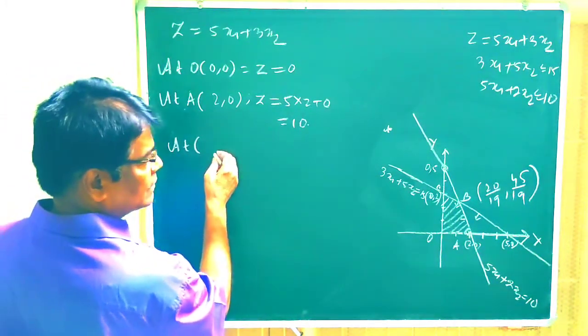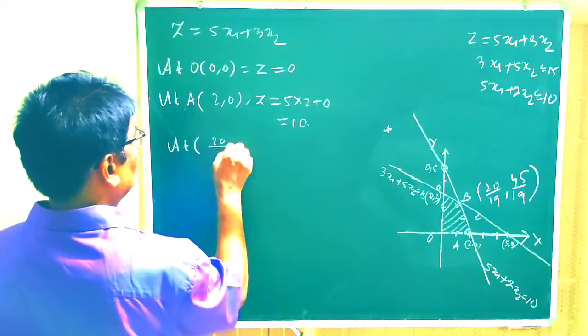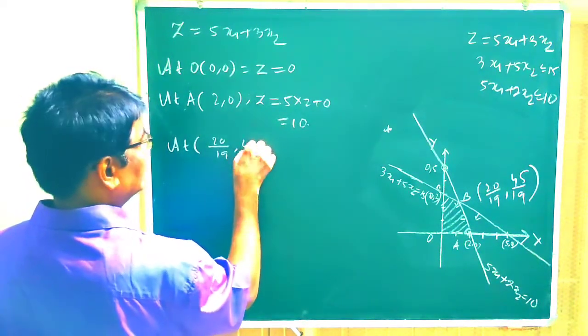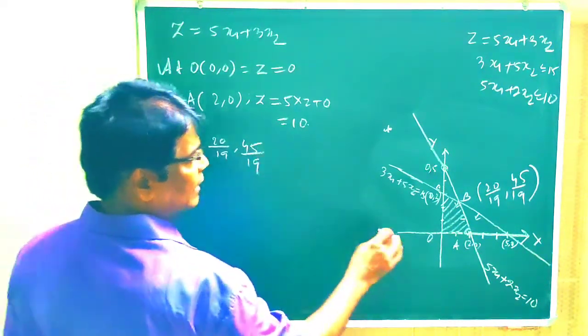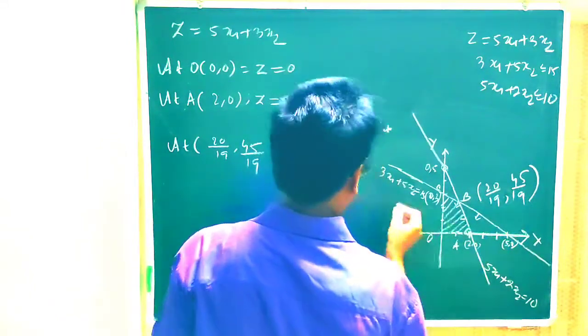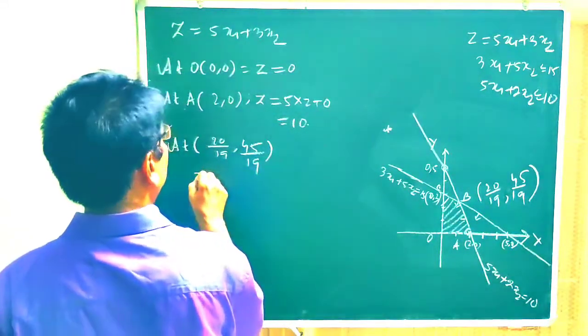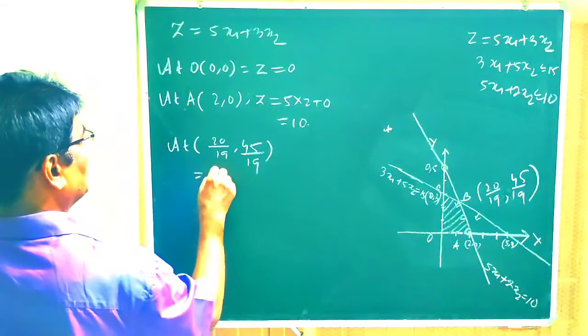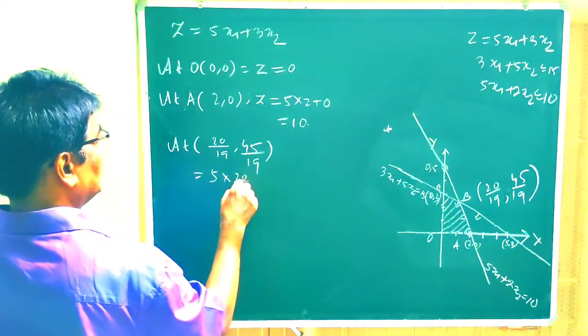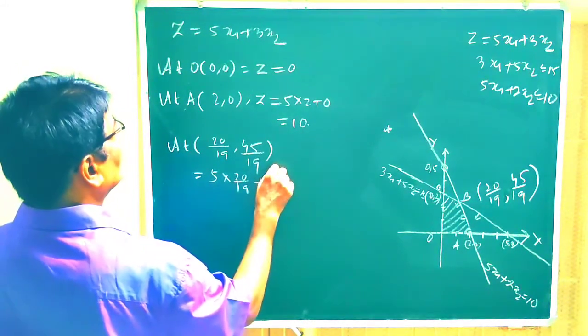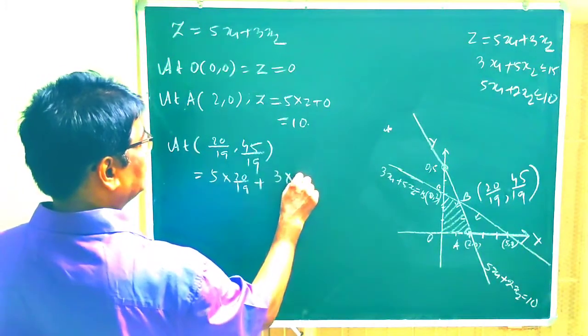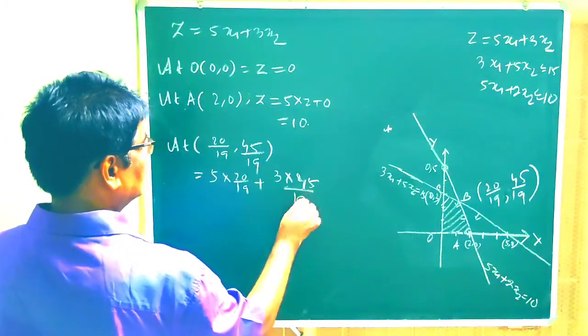At B of 20 by 19, 45 by 19, it gives us 5 into 20 by 19 plus 3 into 45 by 19.